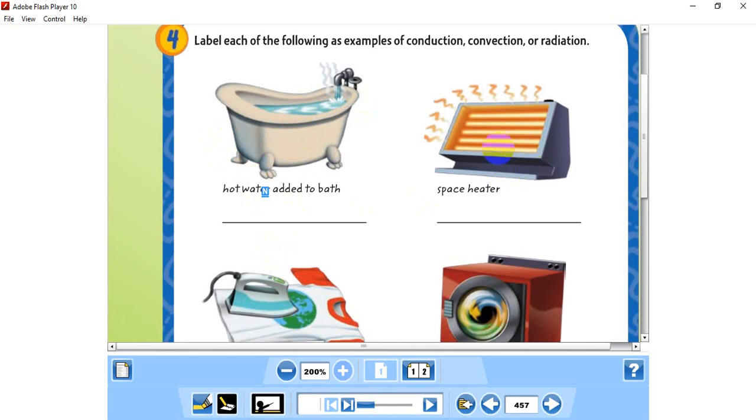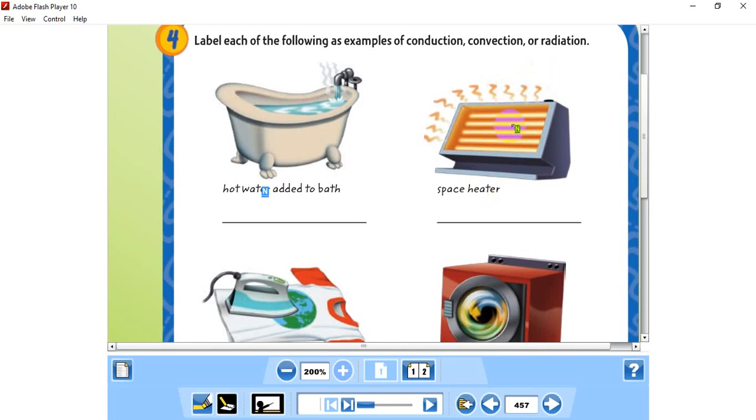What about the space heater here? The space heater is like a campfire. What is the job of the space heater exactly in your room? To warm your room, right? This device is used to warm your room.